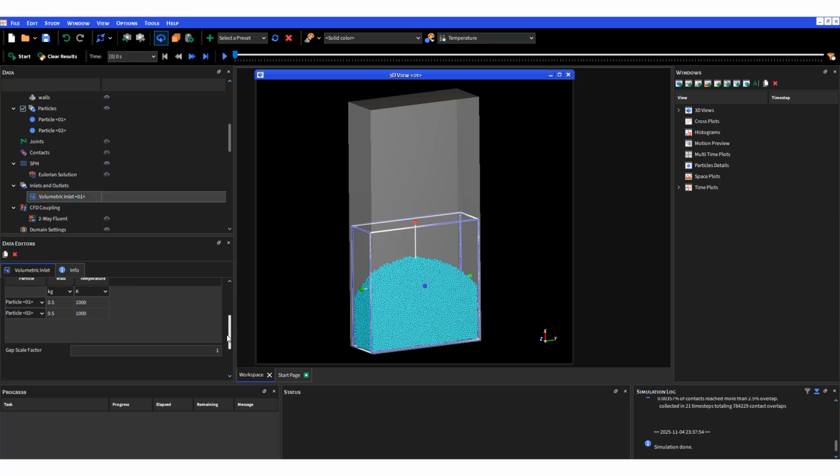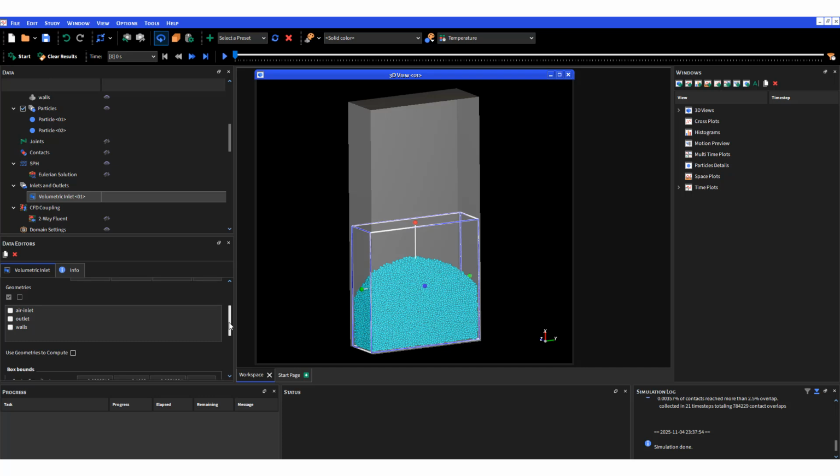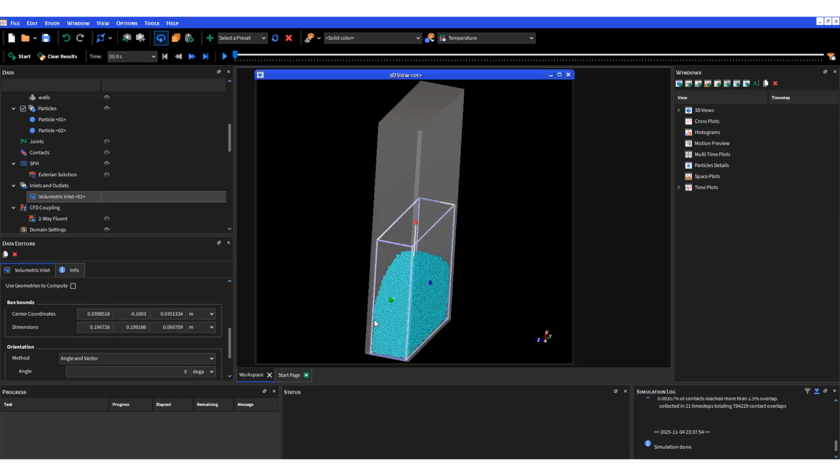I defined the bounds of this volumetric inlet to be within the box that's shown here. I have half of the mass for particle 1, half of the mass for particle 2, and they're all initialized at 1000 Kelvin to facilitate ignition. You define the region here. You could use the geometries to compute the bounds, or you can manually pull these spheres in different directions so that it matches the geometry.